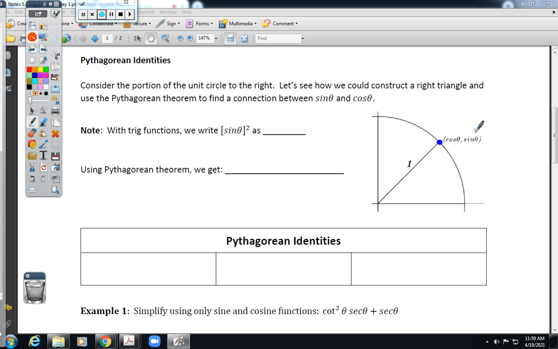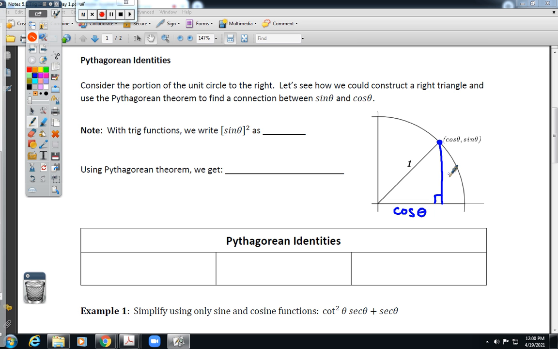Which means that we can form a right triangle by dropping down that vertical line. The x, that distance from the origin to that vertical line, is the cosine of our angle.